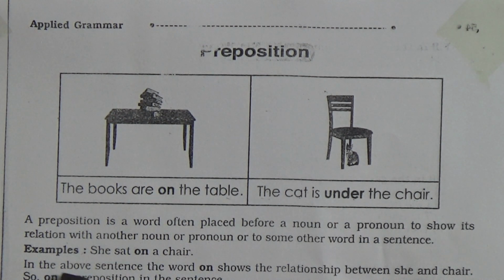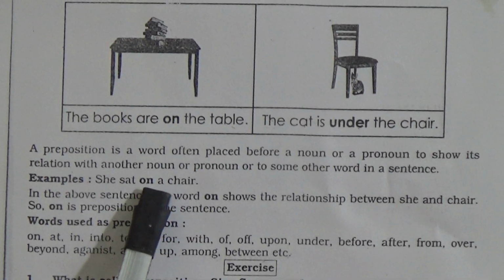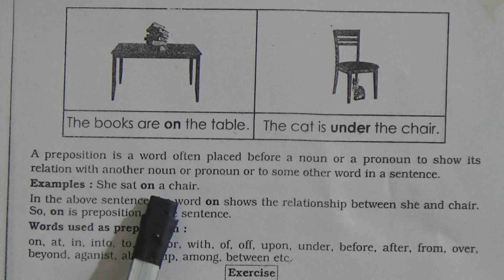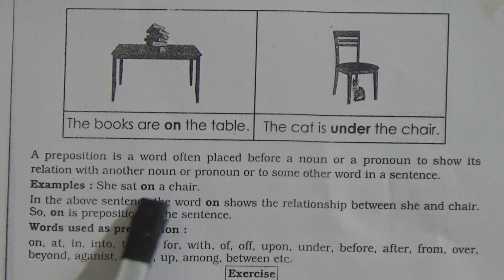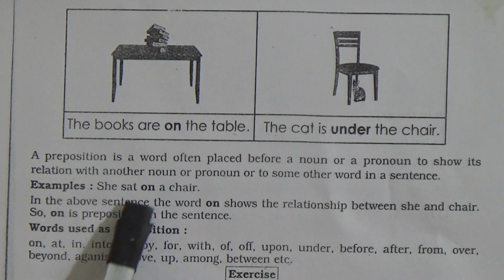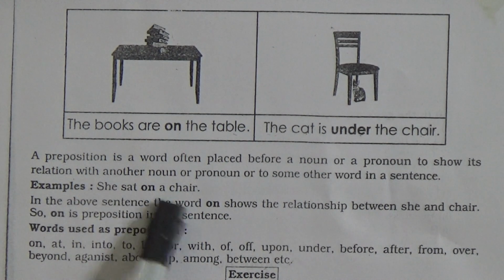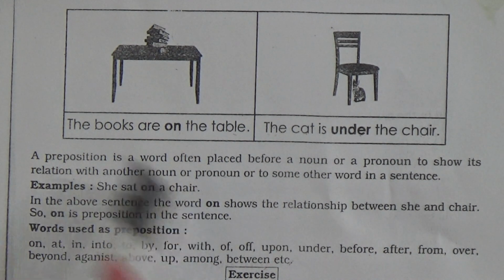In the above sentence the word on shows the relationship between she and chair. Why is on called a preposition here? Because in this sentence the word on shows the relationship between she and chair. So on is a preposition in the sentence.